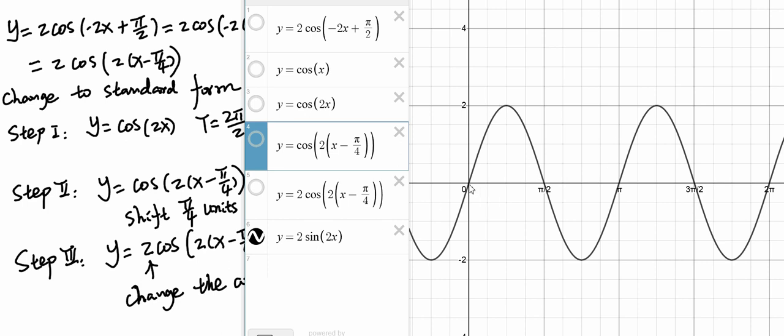And from sine to sine 2x, you simply change the period from 2 pi to pi. So basically, that's why those two are equal. Okay, that's the side product. All right, I'll see you next time.